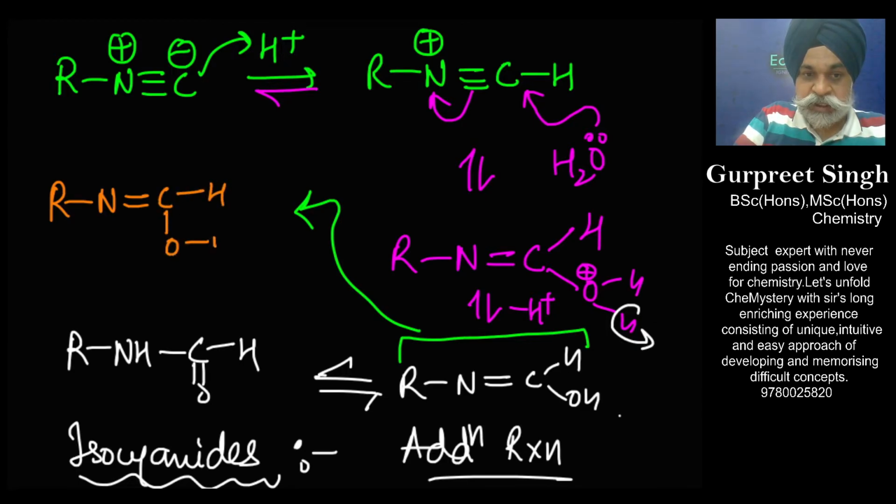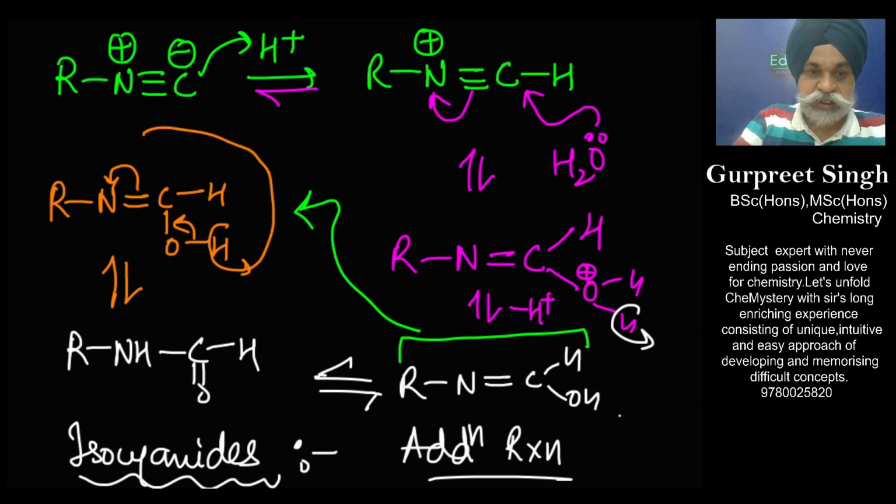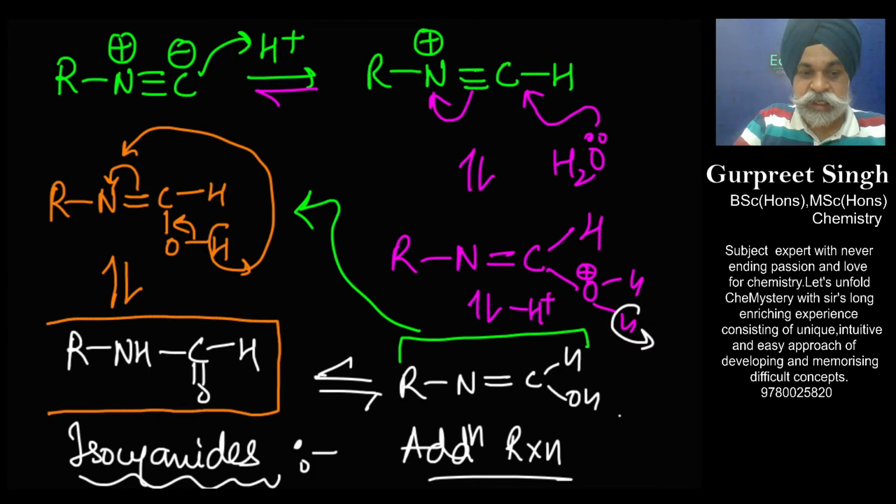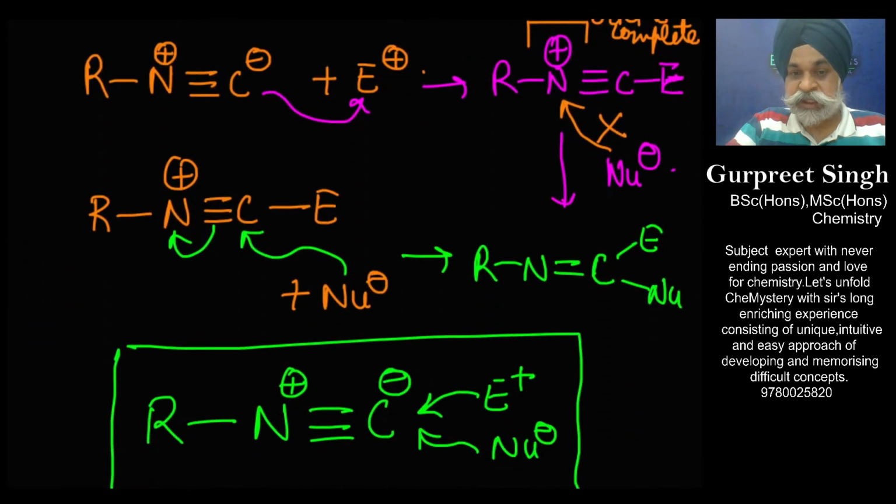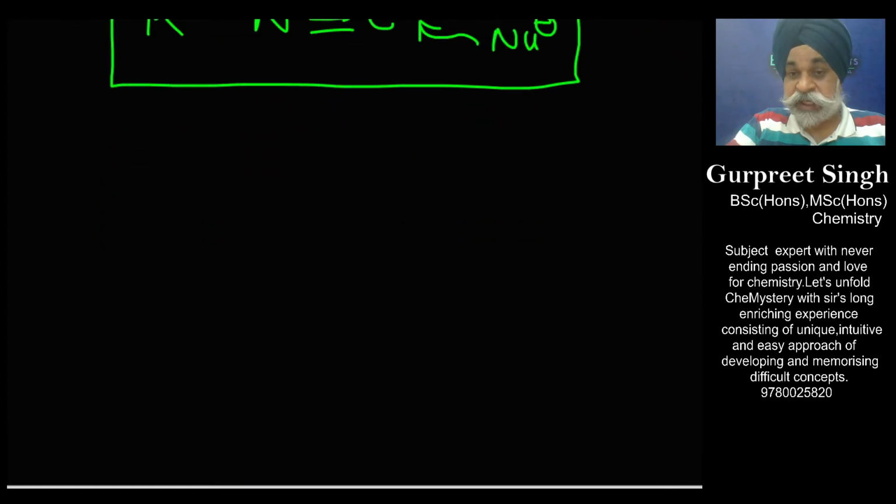Now this is tautomerism: this H goes here, this bond goes here, this goes here, so the H positive takes this position. This is what you call an alkyl formamide. This again could add water into it. So what is very important here is that in isocyanides, the electrophile and nucleophile, the H positive of water and OH negative of water, add across the same carbon.